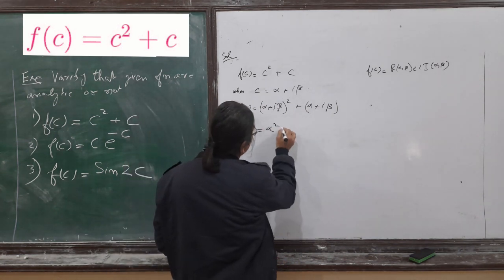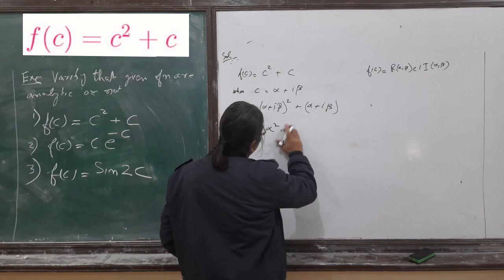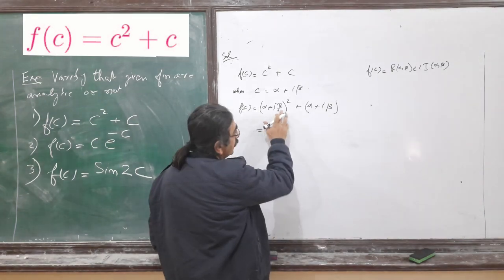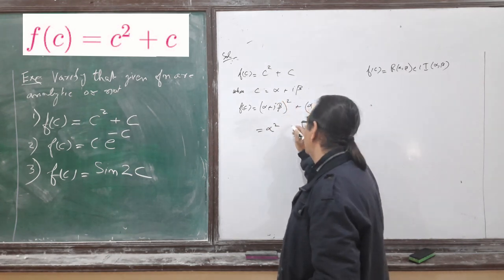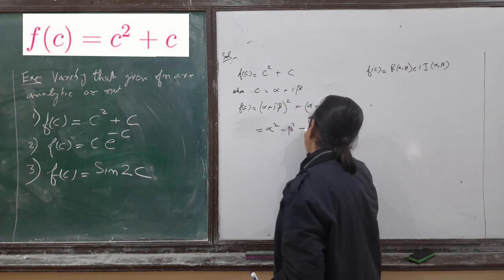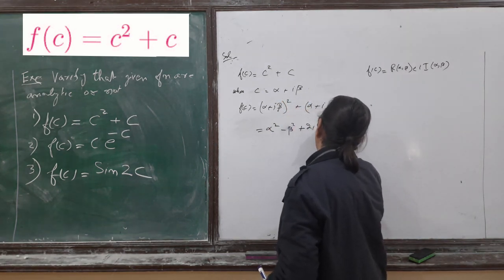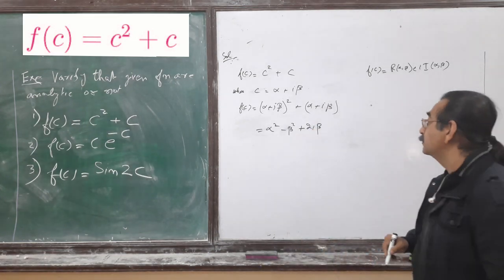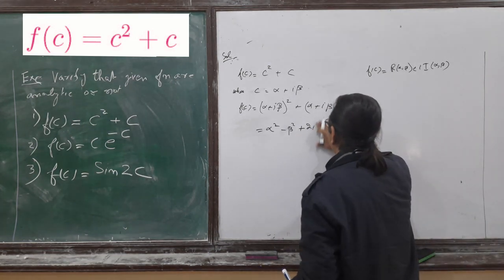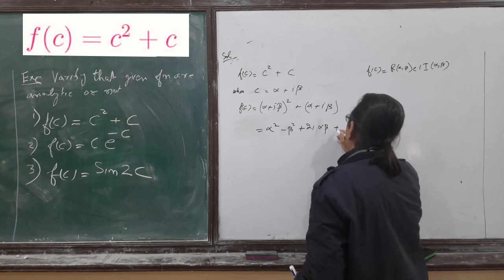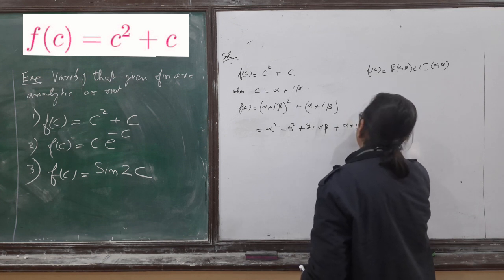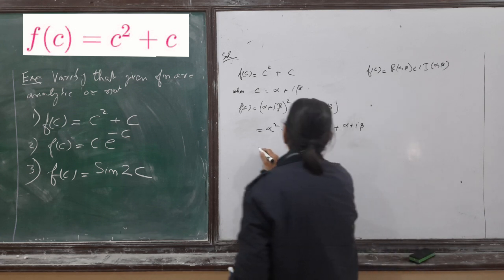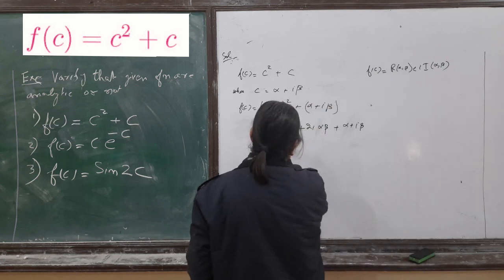So what is alpha square plus iota square, which is equal to minus 1, beta square plus 2 iota alpha beta, plus alpha plus iota beta. So they may be written in this form.